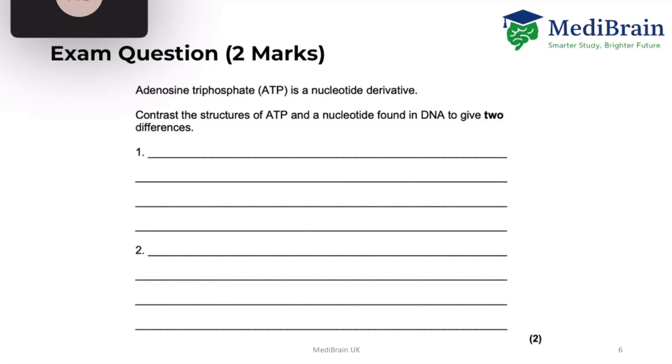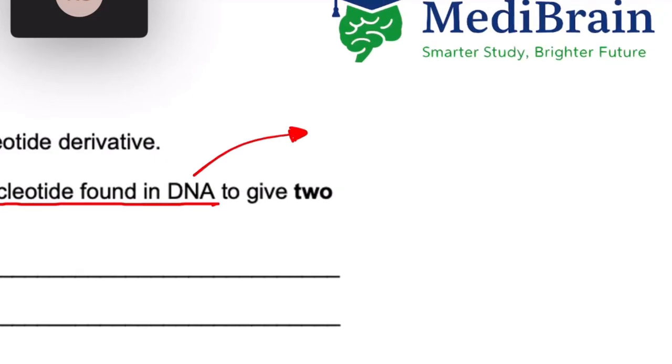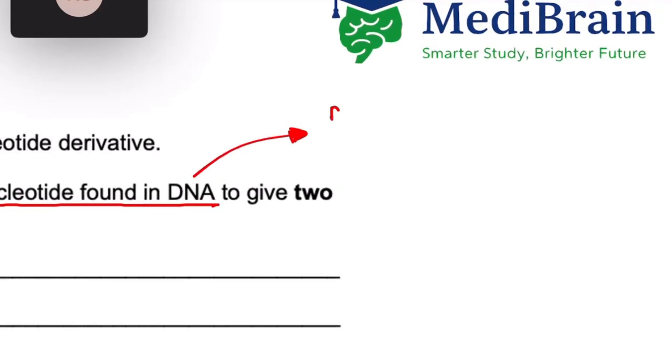Okay, so we need to contrast the structures of ATP and a nucleotide found in DNA to give 2 differences. So first of all, a nucleotide found in DNA. What does that contain? Well, let's take a look now. We know that a DNA nucleotide contains deoxyribose. It contains 1 phosphate group. And it contains 1 nitrogenous base.